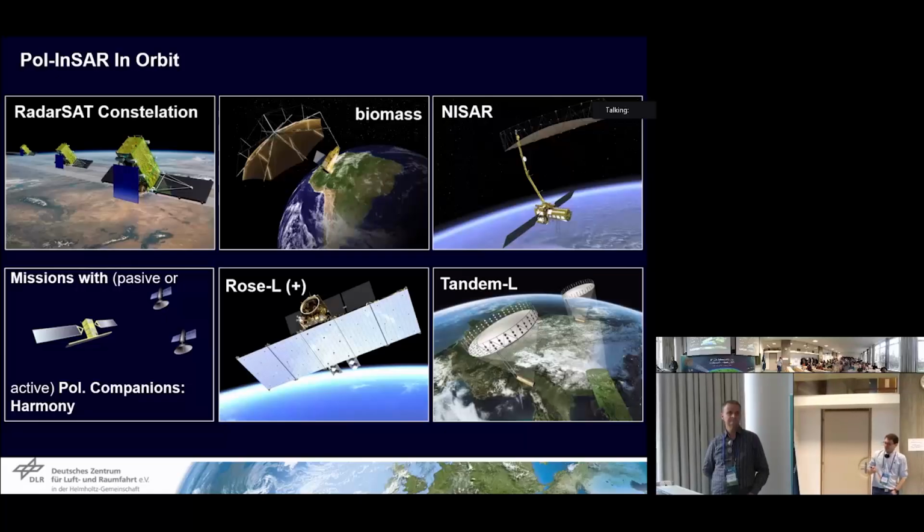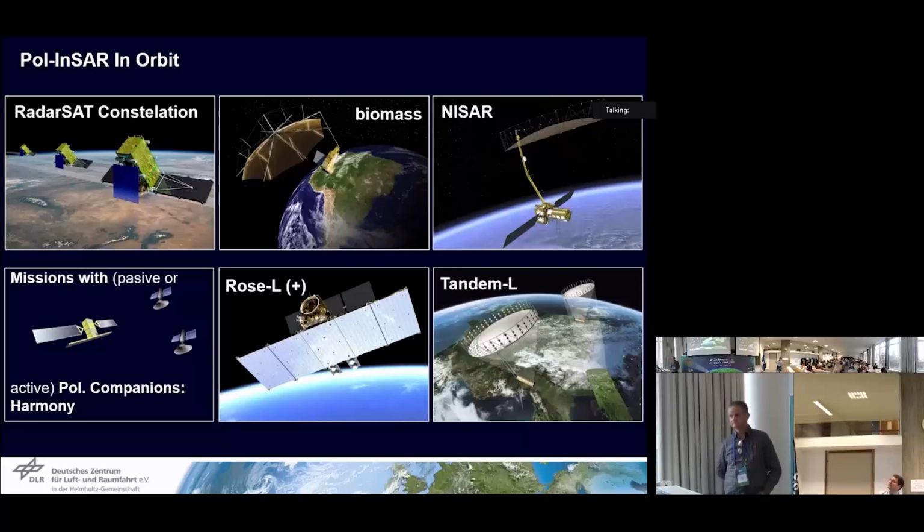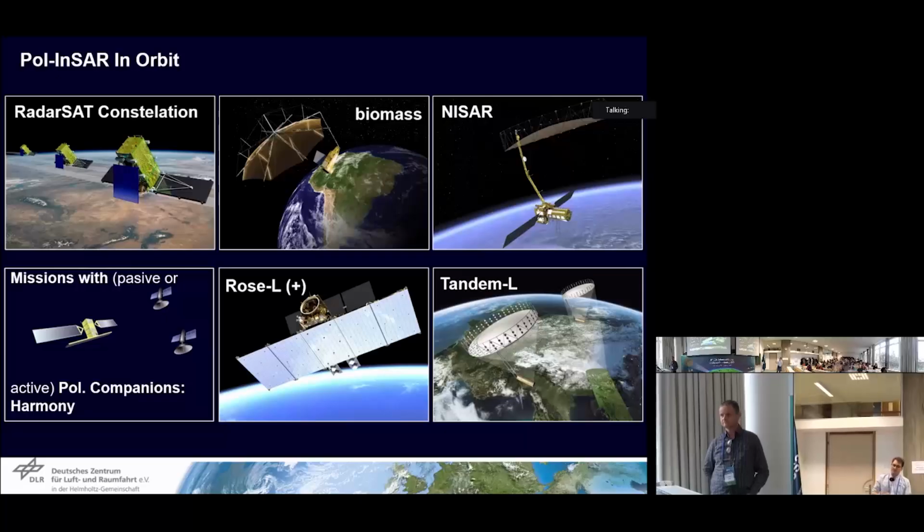But how does the future look? Well, NISAR was launched this summer. It has some polarimetric capabilities. Again, what you have here are close to zero baselines. But of course, there is ROSE-L. ROSE-L is similar to NISAR in terms of concept.